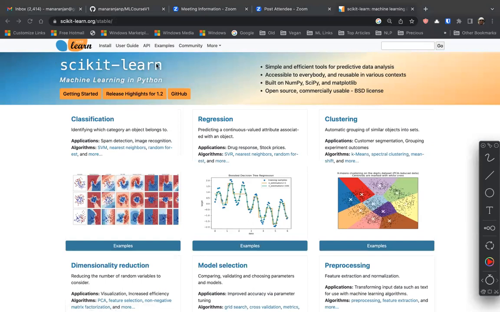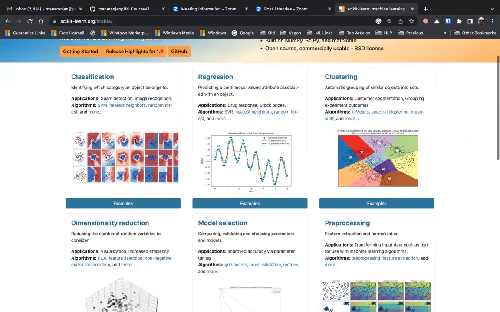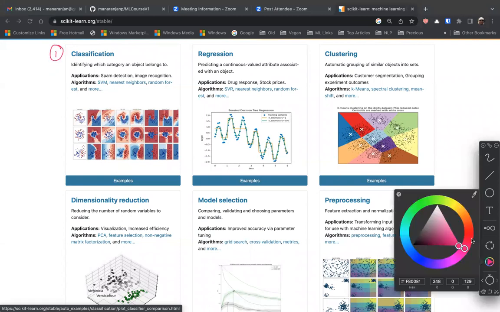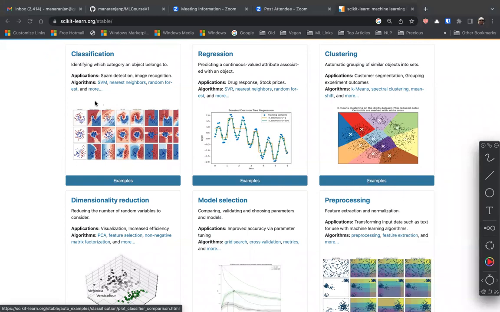And if you look at scikit-learn, this is machine learning in Python, one of the most widely used libraries in Python. It has six core modules. One module is dedicated to all classification problem types, which basically says identify which category an object belongs to, and of course there are algorithms which can solve these kinds of problems.